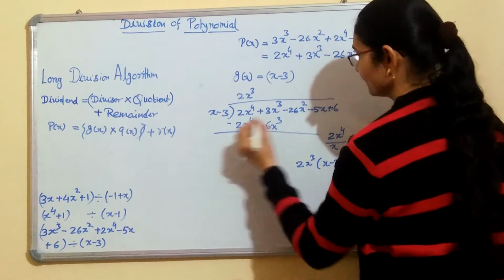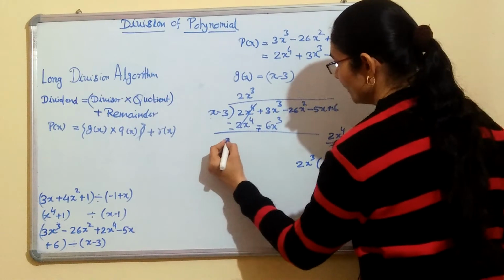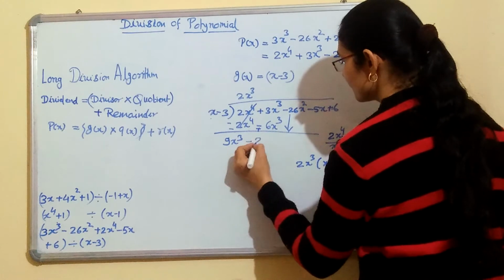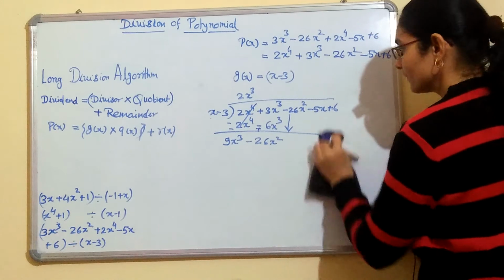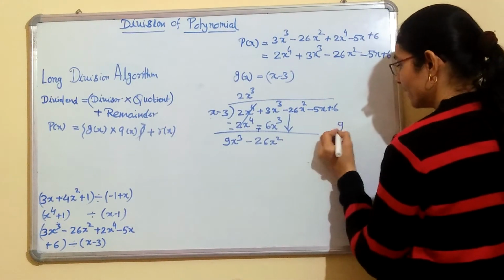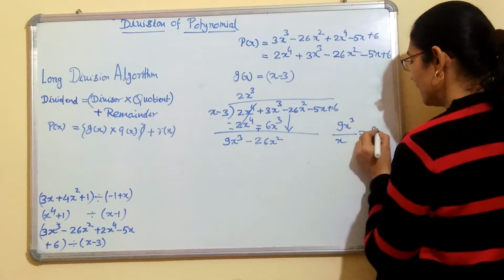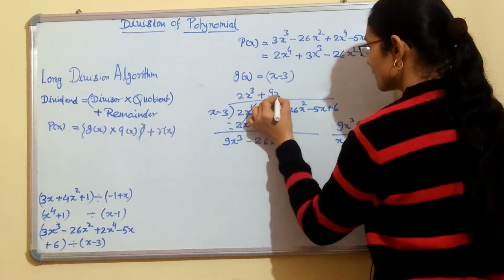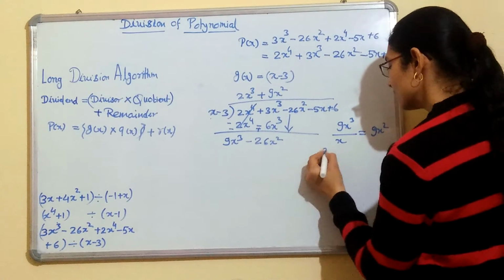We get positive है दोनों, so 9x cube minus 26x square. Now again divide first term of the dividend by the first term of the divisor. So 9x cube upon x is equals to 9x square. This is the second term of the quotient, and multiply this with the divisor.